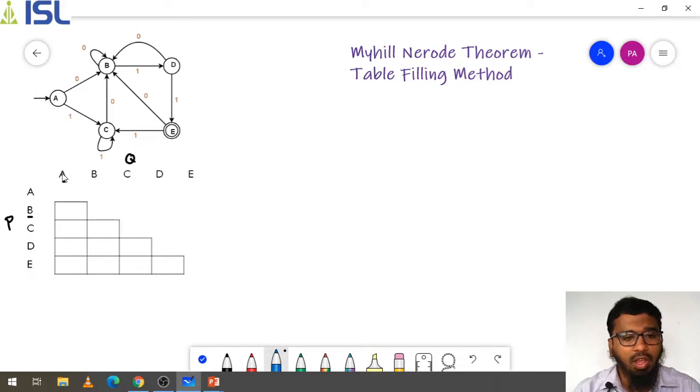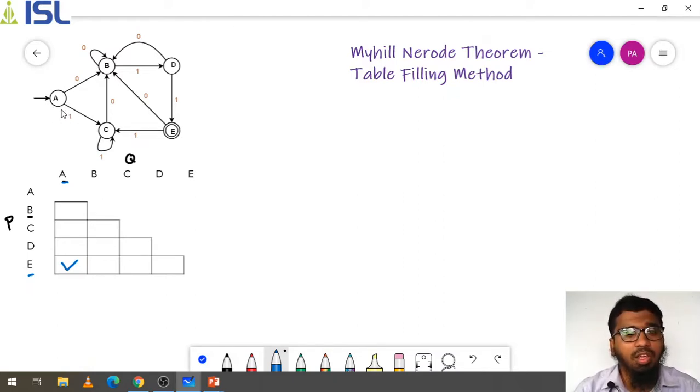Go to E. A and E: A is a normal state and E is a final state, so we need to mark a tick. Why are we marking the tick? Because in A comma E, one is a final state and the other is a normal state.